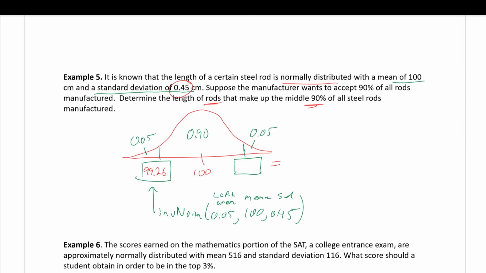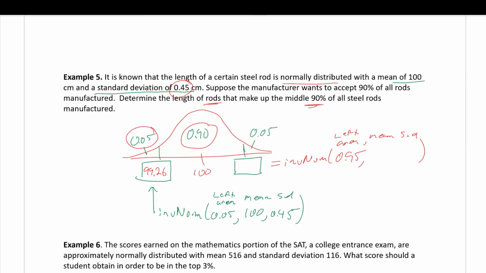Now for the right one, inverse normal, well, we're going to have the left area, the mean, and the standard deviation. Well, the area to the left of this, again, just like the previous problem, it'll be 0.90, right, plus 0.05, which adds up to 0.95.